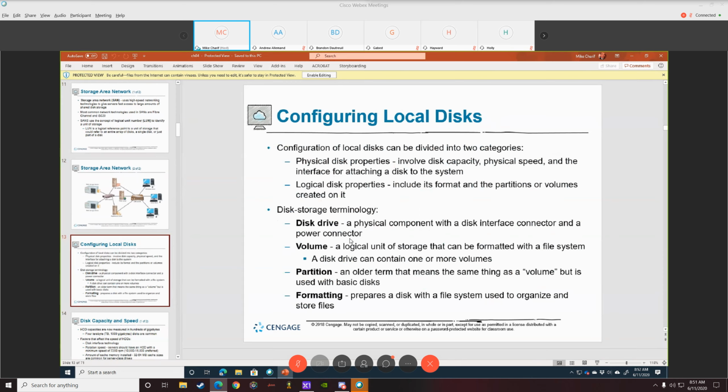So the volume is a logical unit of storage that can be formatted with the file system. What's the most popular file system we use today? NTFS. That's right. So this drive can contain one or more volumes.